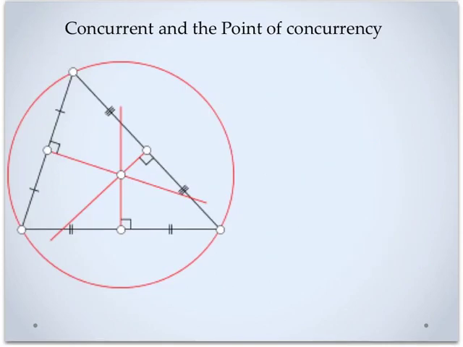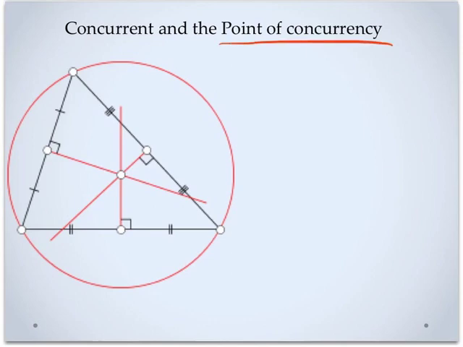A triangle has 3 perpendicular bisectors. We've got one right here, 2, and 3. These perpendicular bisectors meet up at a point, and what we call this point is the point of concurrency.